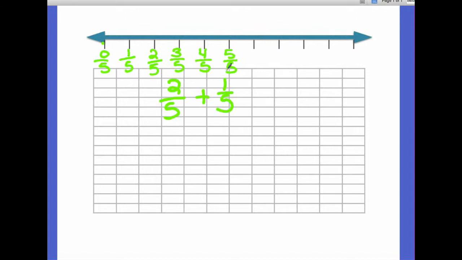Ariana? Since it says 2/5 plus 1/5, you're going to make a little semicircle from the 0/5 to the 2/5, and it says plus 1/5. You're going to do it one more time, and you're going to land on 3/5.